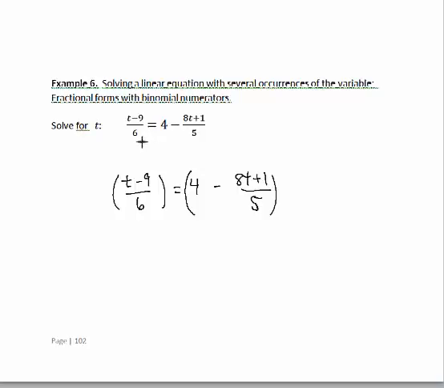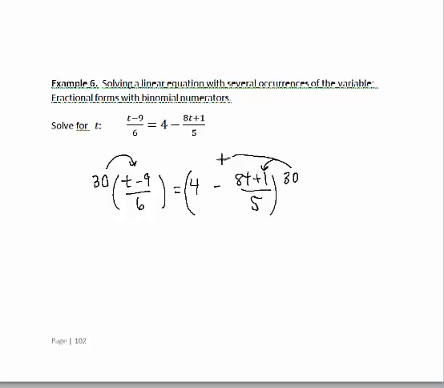So we just look at the denominators. We have a 6 and a 5. Smallest number divisible by 6 and 5 would be 30. It looks like a 36. Should be a 30. Multiply both sides by 30.